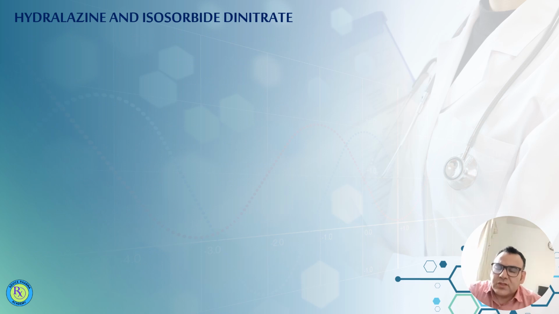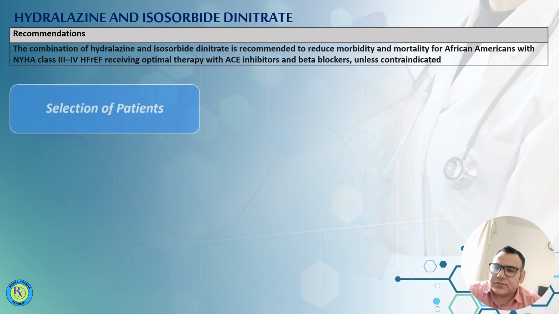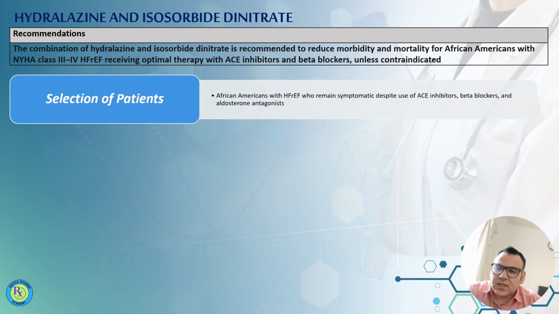Hydralazine isosorbide dinitrate. This medication has a beneficial effect in African Americans to reduce morbidity and mortality who are using optimal therapy with ACE and beta blocker. So what are the selected patients? They are African Americans with HFrEF who are still symptomatic despite using ACE, beta blocker and aldosterone receptor antagonist.